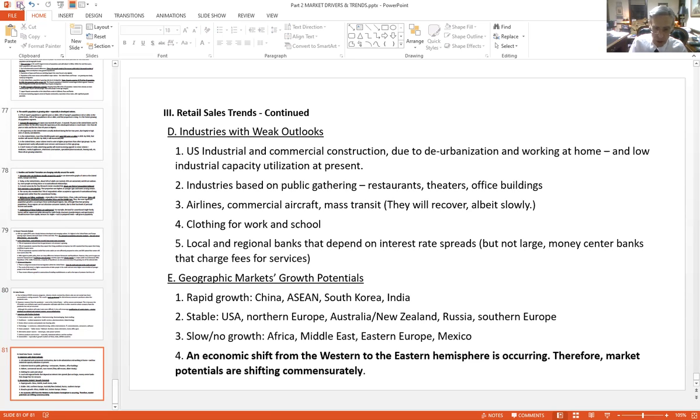Another small industry that we picked up on in the charts was clothing for work and school. If you don't need it, you don't buy it. Local and regional banks that depend on the difference between the interest that they have to pay the Federal Reserve or bonds and the interest that they charge you for loans, that difference is very narrow.